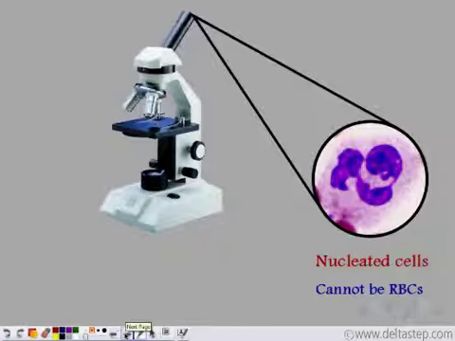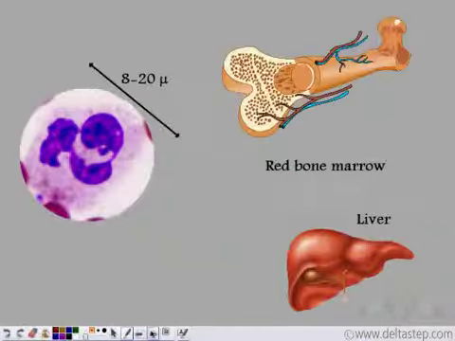Now, if you see a white blood cell under a microscope, you will see that it has a nucleus. So, it is a nucleated cell, unlike the red blood cells which did not have a nucleus.